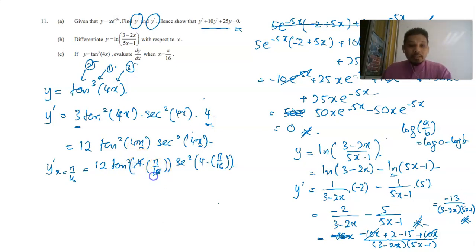So 4 times 16, 4 here, and 4 times 16, 4 here. Okay, so you substitute all the functions with pi over 4. Pi over 4 is 45 degrees. So tangent square 45 and secant square 45. Substitute the value into your calculator, and finally it's going to give you 24. Okay, find out yourself. You use your calculator to finalize the answer here for question number 11.